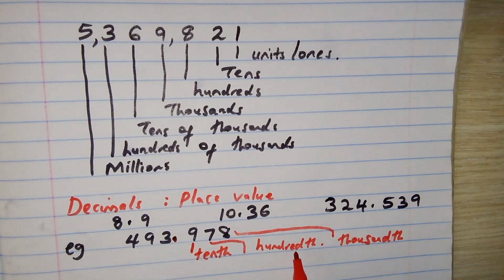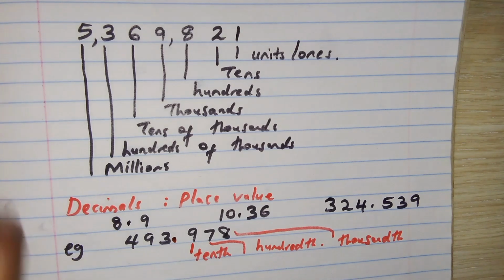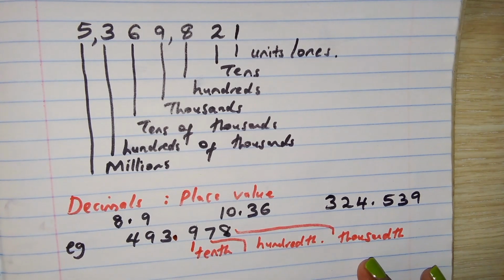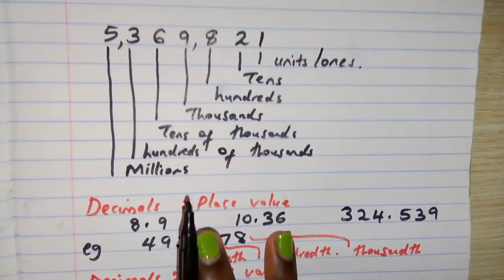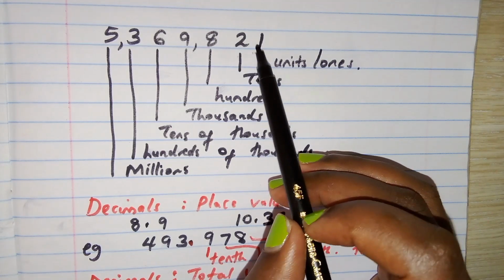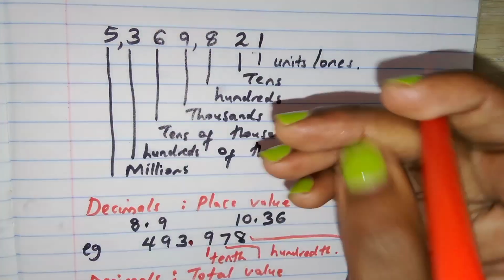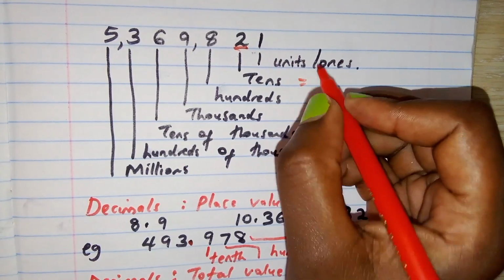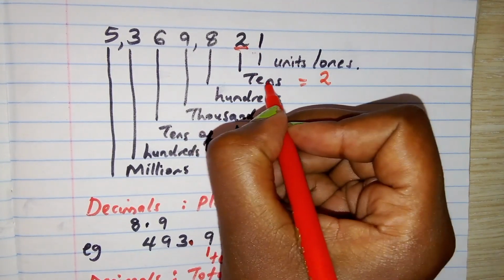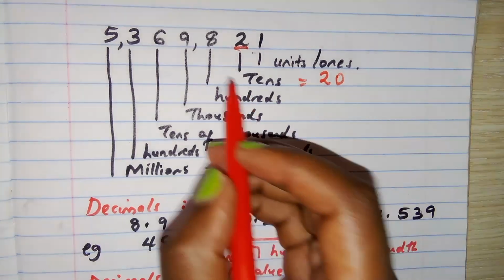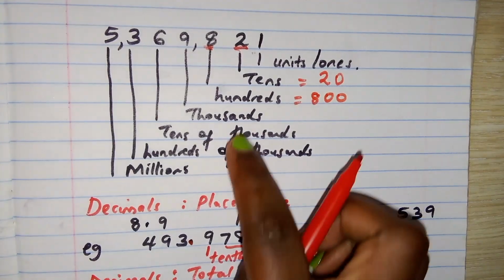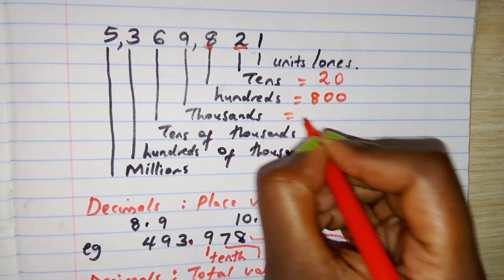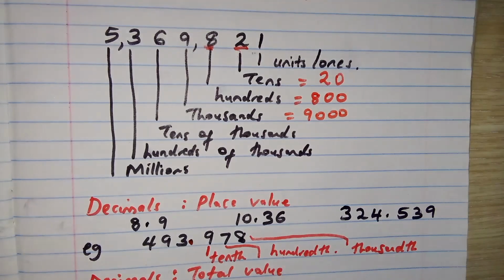Now to find the total value of these numbers: the total value of 2 would be written as 2 in the tens place, so you add a 0. The total value of 8 would be 8 with two zeros, 800. The total value of 9 would be 9,000, and so forth.